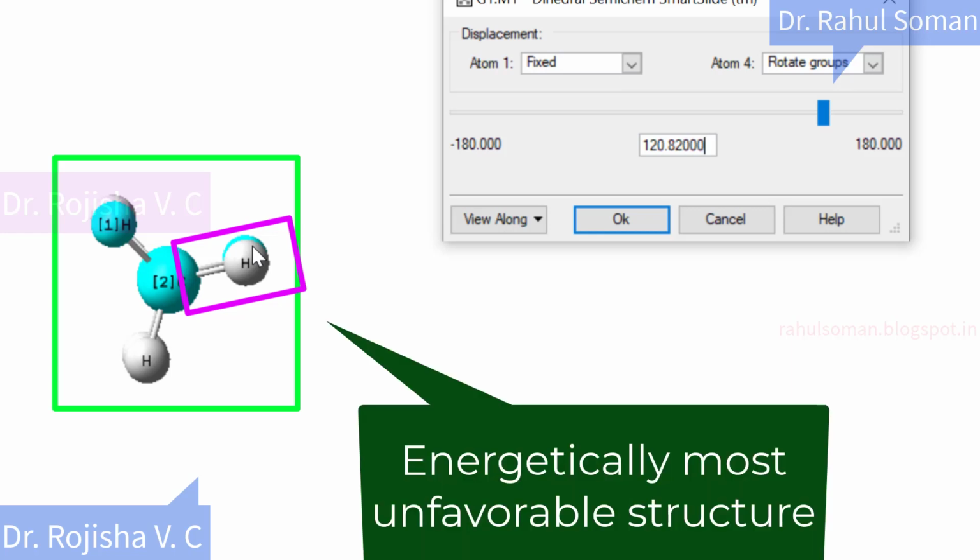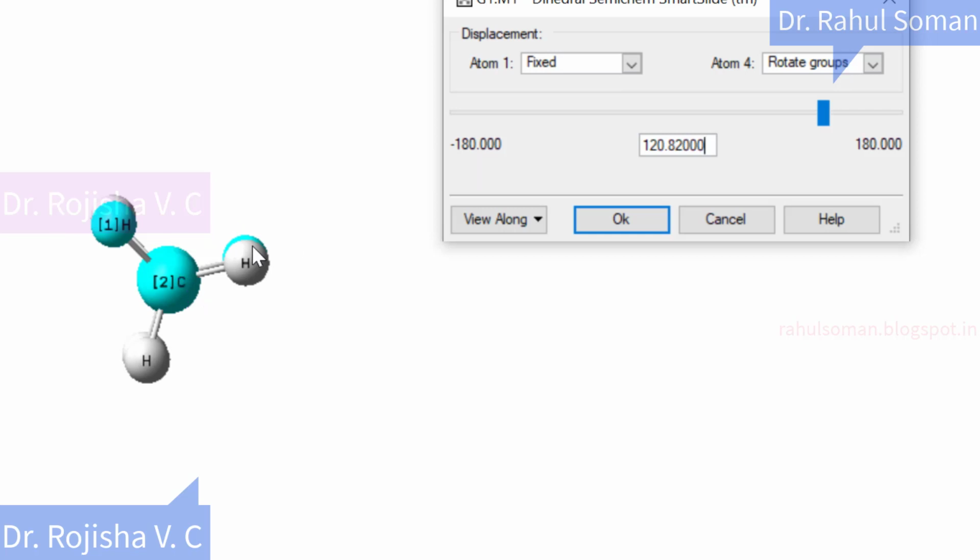So while rotating, we can have an orientation like this, and an orientation like the staggered conformation. Let us see the energy profile, to see which one has the higher energy.